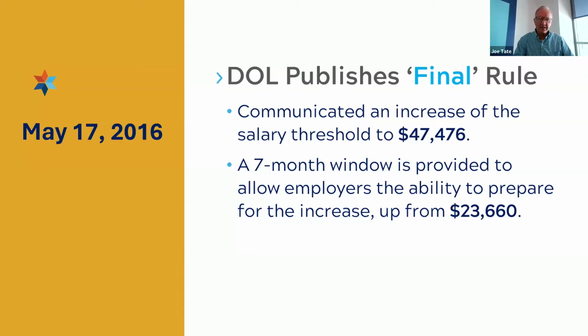On May 17th, 2016, the DOL published a final rule increasing the salary threshold to over $47,000, an annual rate. They provided a 7-month window until December of 2016 to prepare, because the threshold was moving up from 23,000 and change to over 47,000.